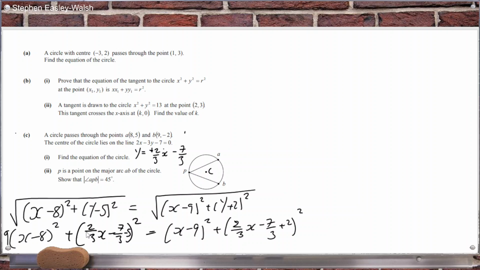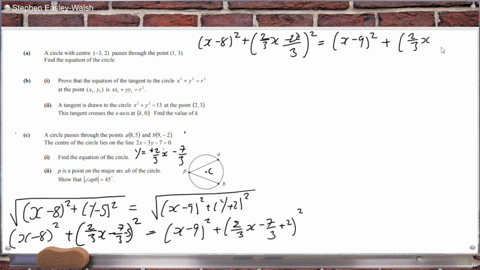Oh no, not yet. First I'm going to add up. So that's (x minus 8) squared plus (2 over 3 x minus 7 over 3 minus 5, which is minus 22 over 3) squared equals (x minus 9) squared plus (2 over 3 x plus 6 minus 1 over 3, I think) squared.